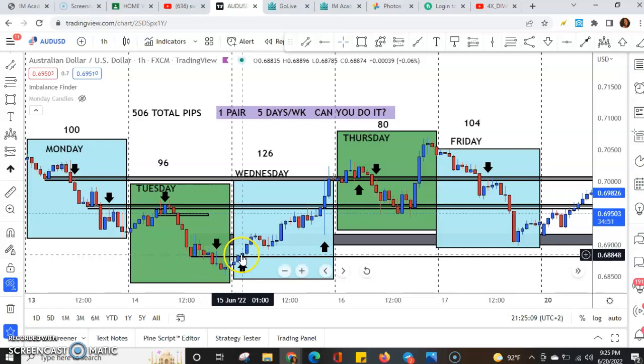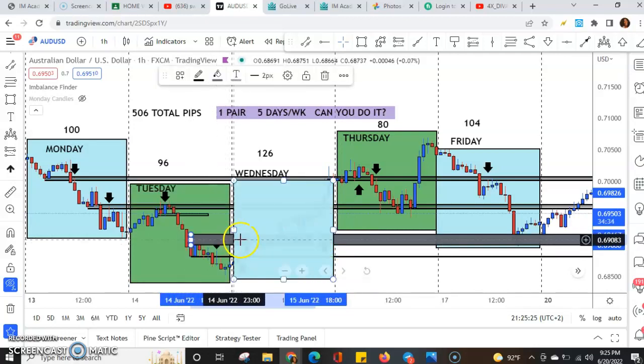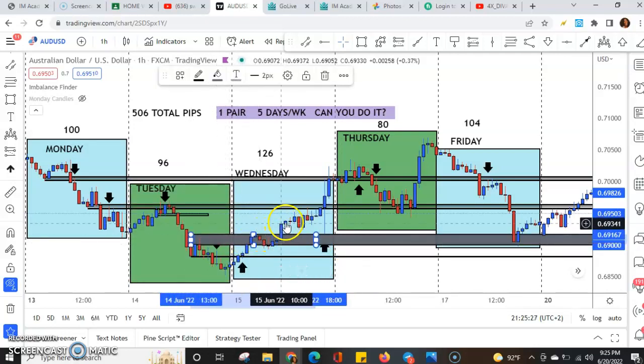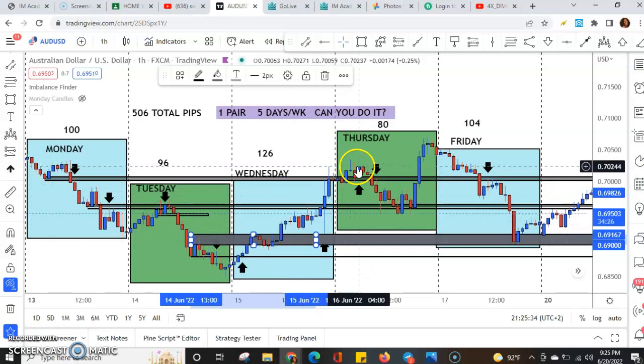You could have taken the buy right here, and then for those who didn't want to get in at as high a risk but wanted to wait until it broke above the previous high, I drew this zone out so you can see. So you could have literally waited until the market broke and closed above this zone right here and taken the retest right here for the buy up and caught some major pips into Thursday.